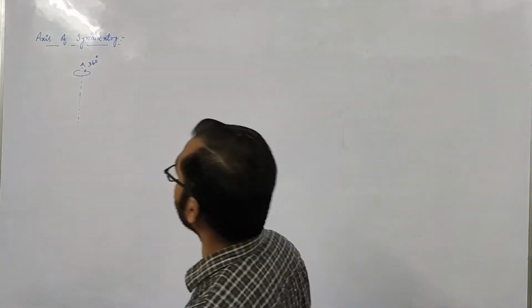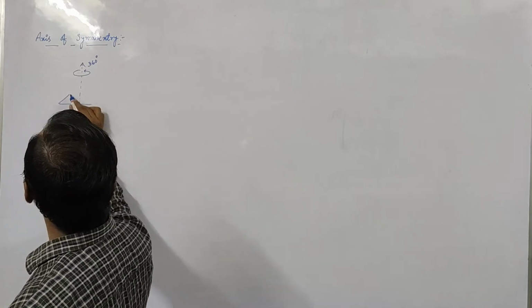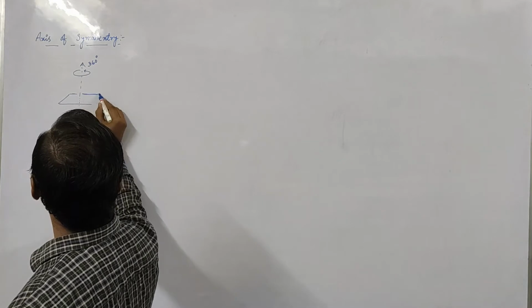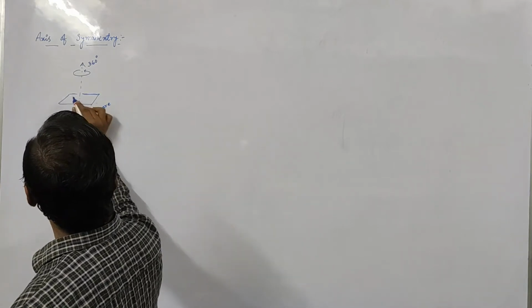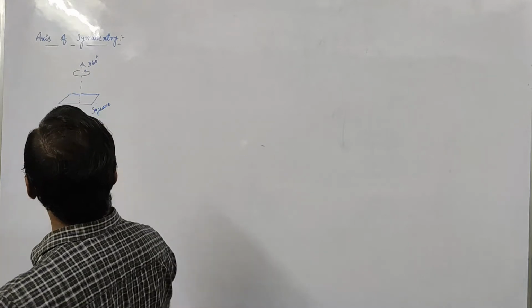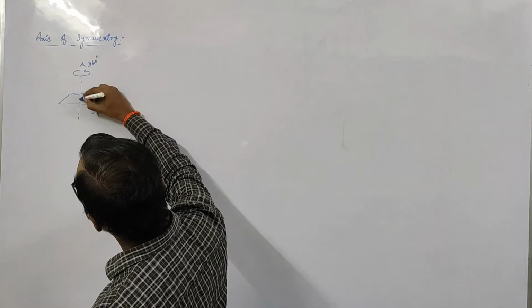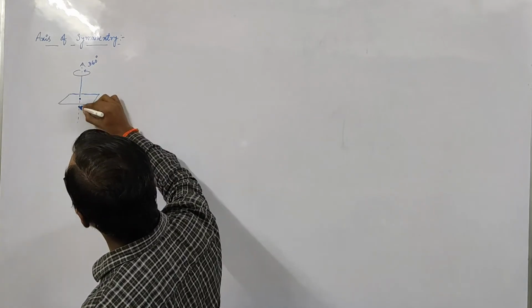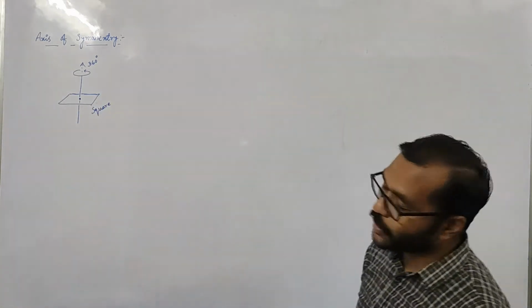For example, if I consider a square, and rotate this square over this imaginary axis for 360 degrees, how many times will you get a similar structure?